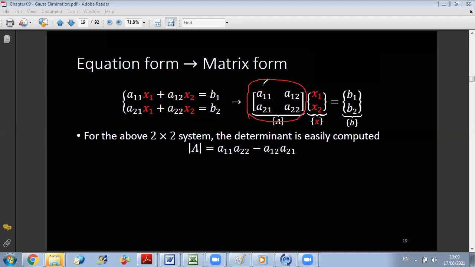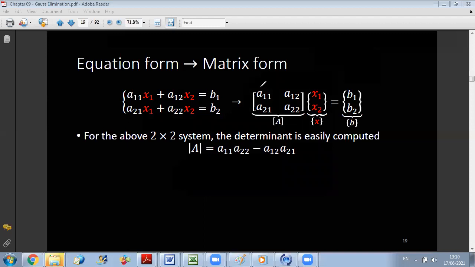To calculate the determinant, you start with a plus sign for the first element, and minus for the second. In this case, it is very simple. It will be plus a11 a22 minus a12 a21.